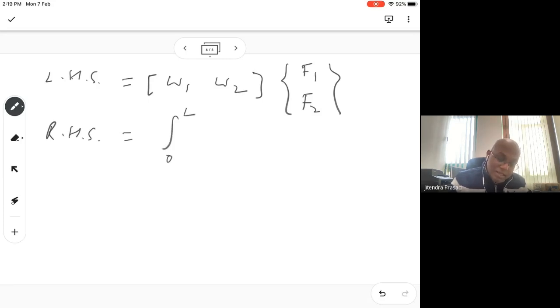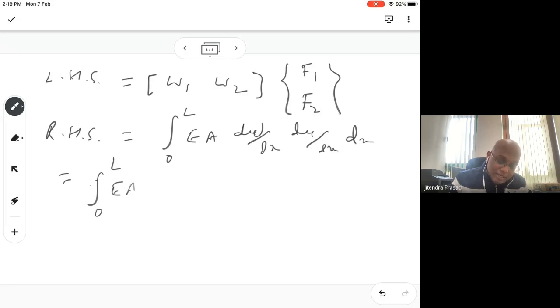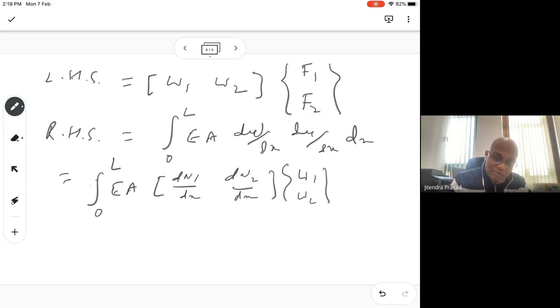We have the integral from 0 to L of EA dw/dx du/dx. Now what do you have? dw/dx, and we know that we wrote it like this: dN1/dx, dN2/dx, and then w1 w2.